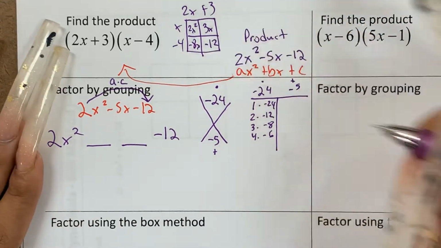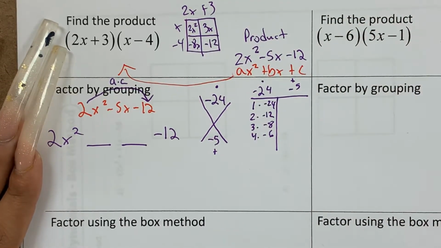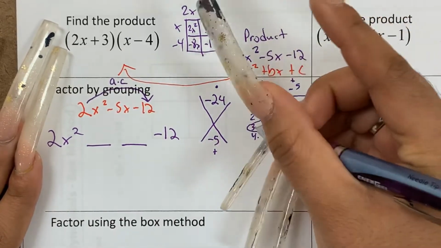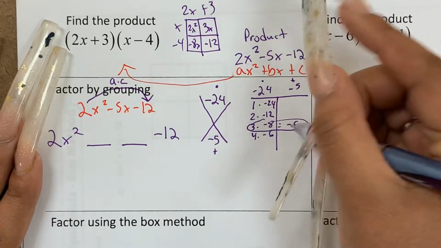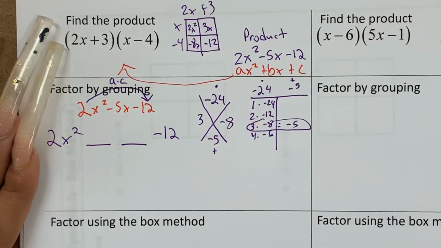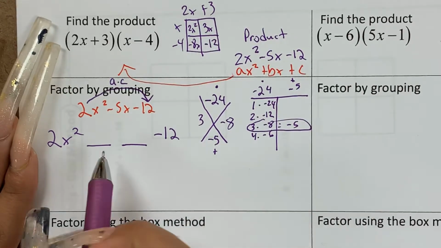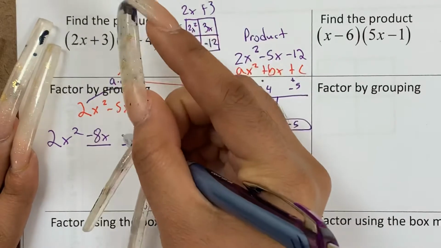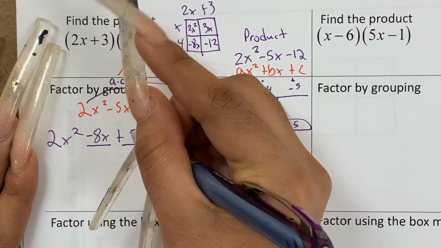So out of these, which one adds to get negative 5? These two numbers add to get negative 5. So those are the two I'm going to use. I always like to put the negative one first if there's a negative. So I'm going to put negative 8x and a positive 3x.